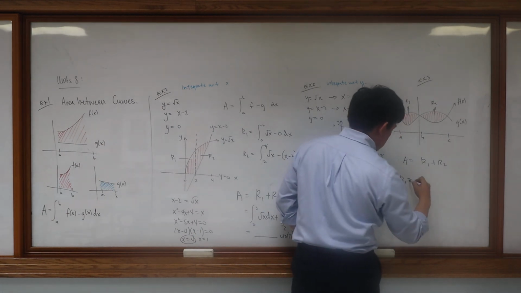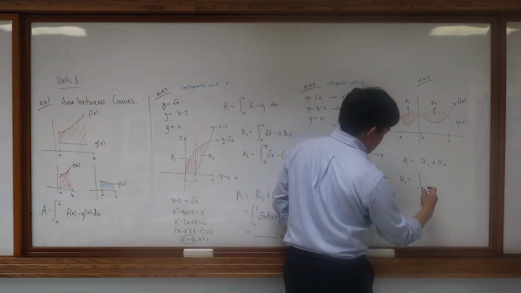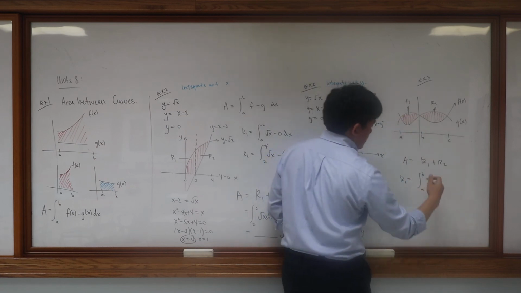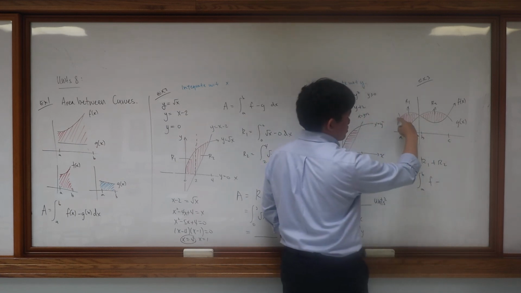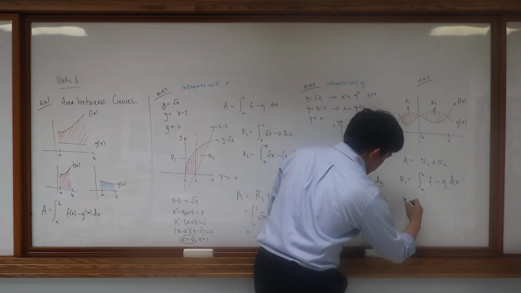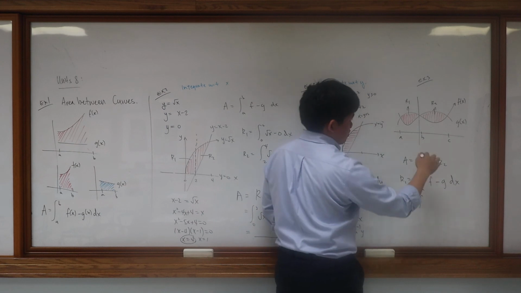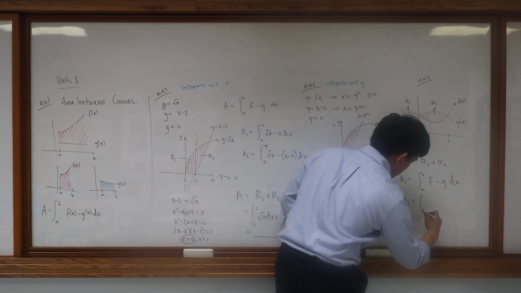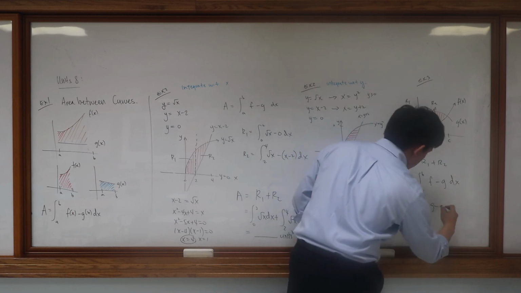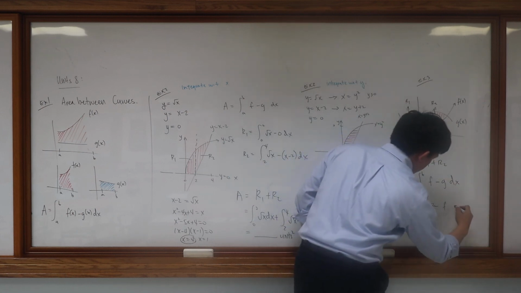R1 is between A and B, and my function on top is f minus my function at the bottom, g, dx. Region 2 is the integral from B to C, where the top function is g and the bottom function is f, dx.